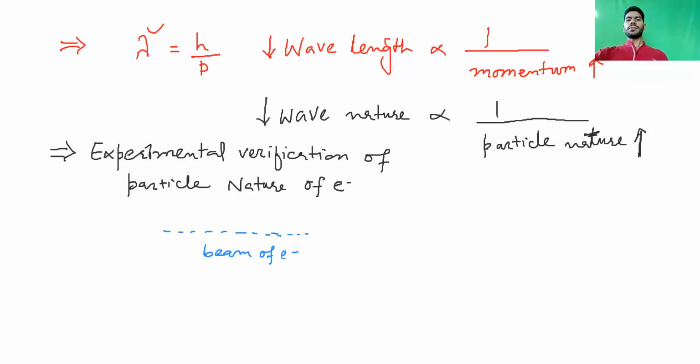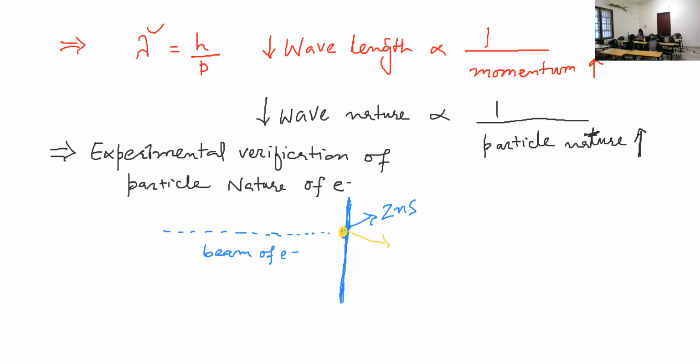When it is bombarded on a zinc sulfide screen, can you tell me what will happen? When electrons strike the zinc sulfide screen, it will start glowing, isn't it? Exactly. So it glows and produces a bright spot, right?